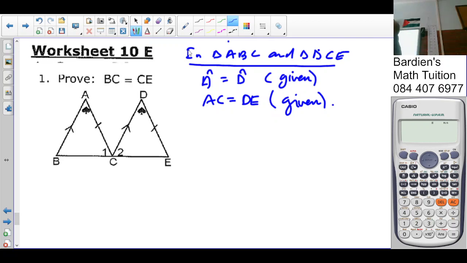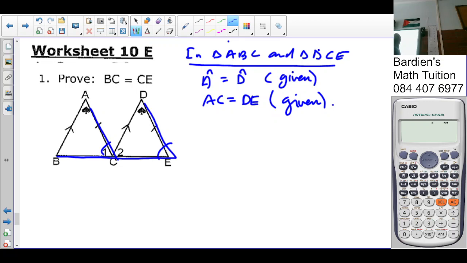Angle C1 is equal to angle E. Why? Corresponding. Okay. You all agree with that?